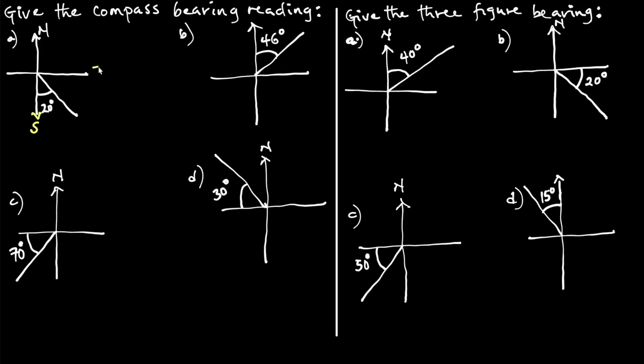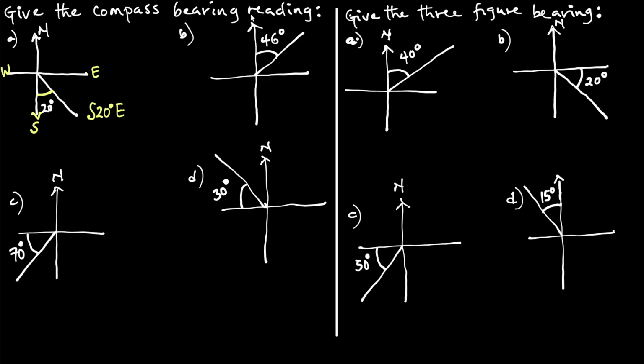Now we can supply the other information. This is the east and this is the west. So here you can see that the 20 degrees is in line with the north-south line. And so this is going to be south 20 degrees east.